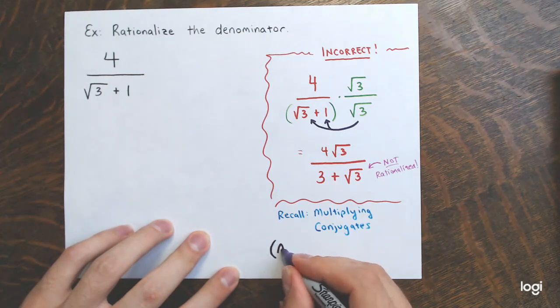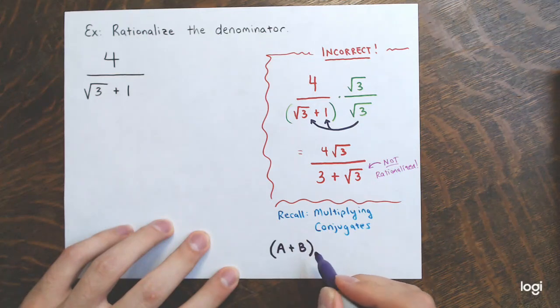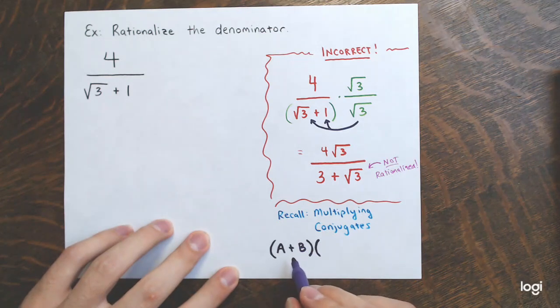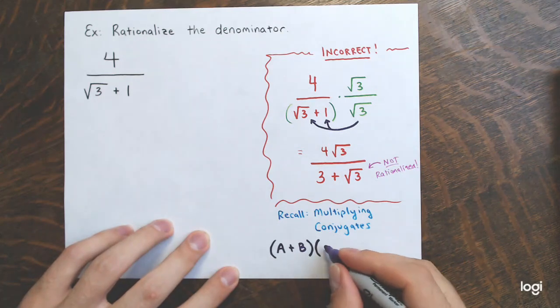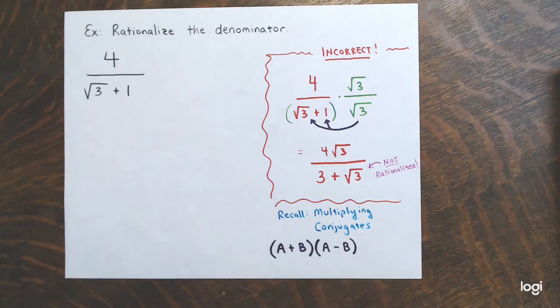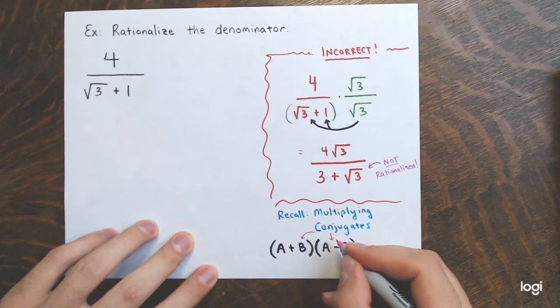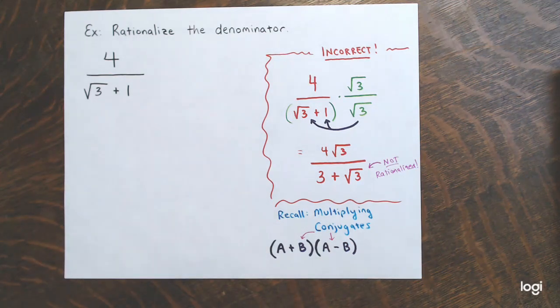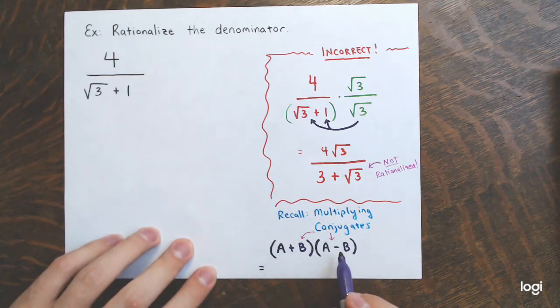One factor is, say, a plus b, and multiply by another factor. The conjugate of a plus b would be a minus b. So basically they're the same thing with just a different sign in the middle. These here would be considered conjugate pairs, a plus b and a minus b. And if you recall, when you multiply two conjugates, you end up with a difference of two squares.